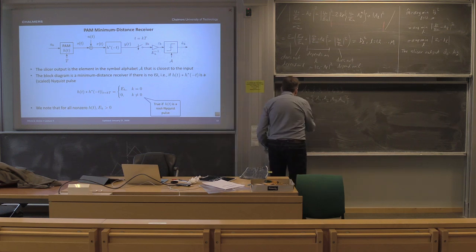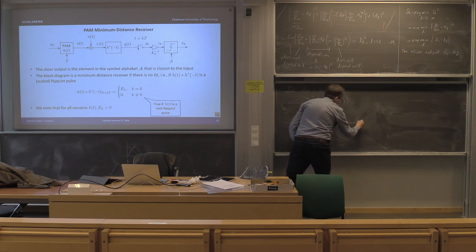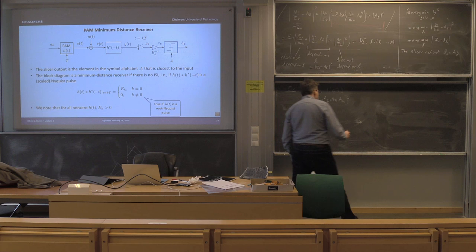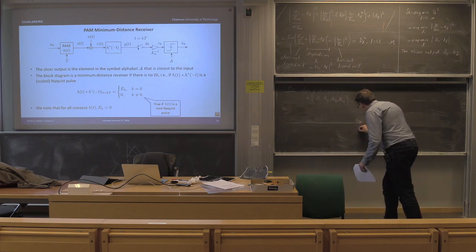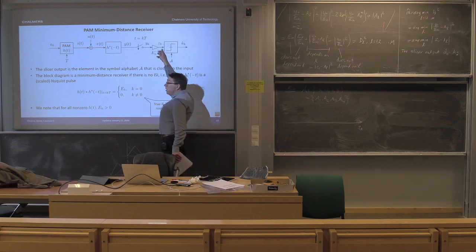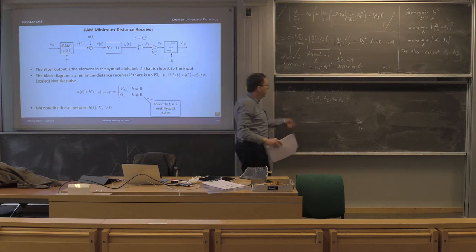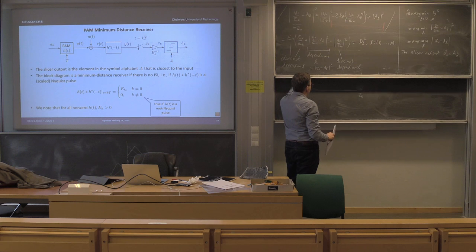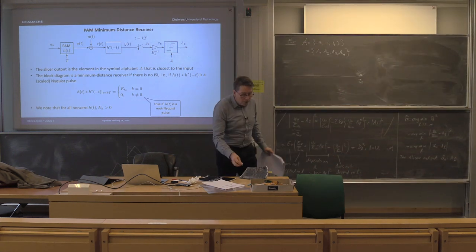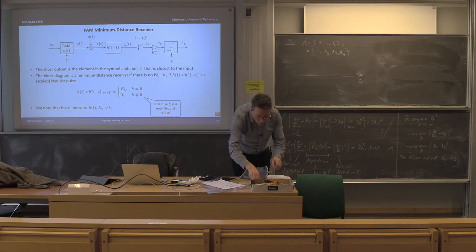Then if the input, if we plot that on this line, and the input to the slicer is zk, then we can mark on this line the signal points.